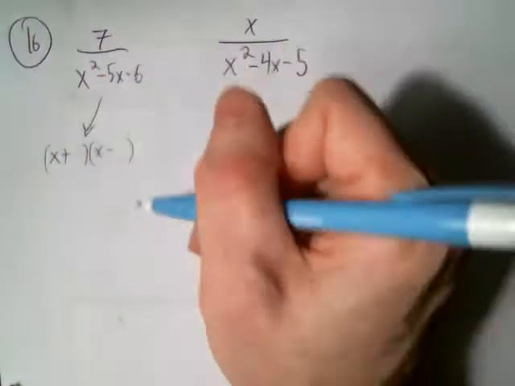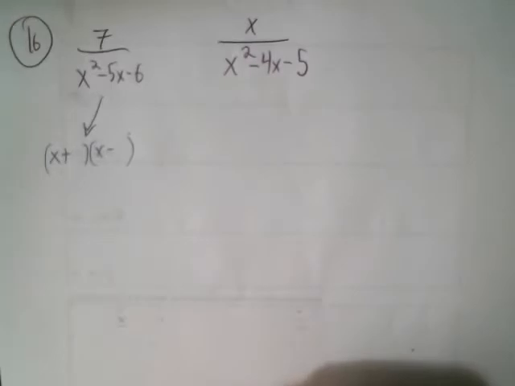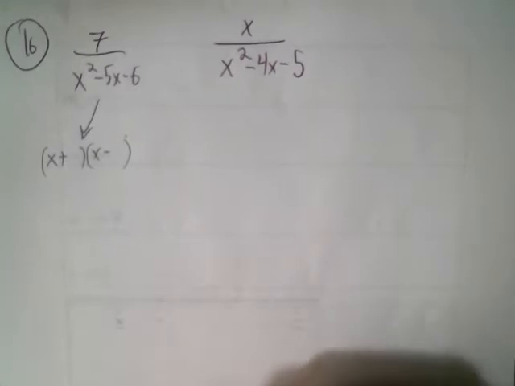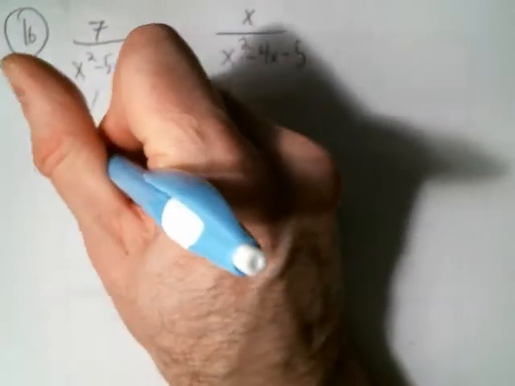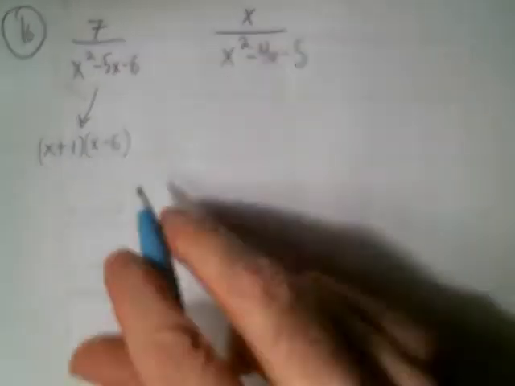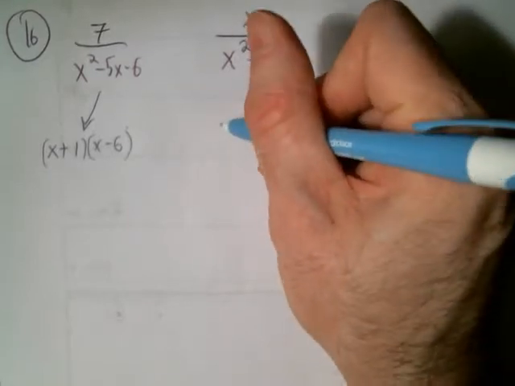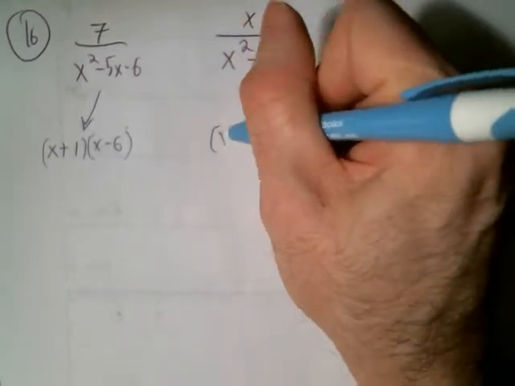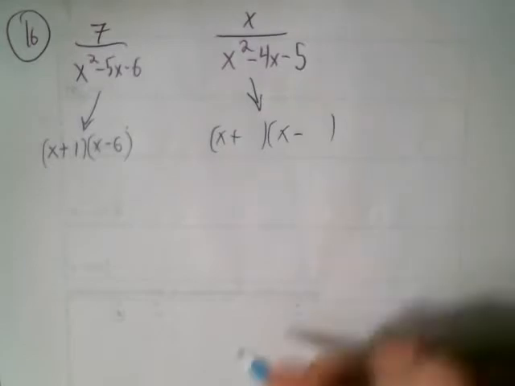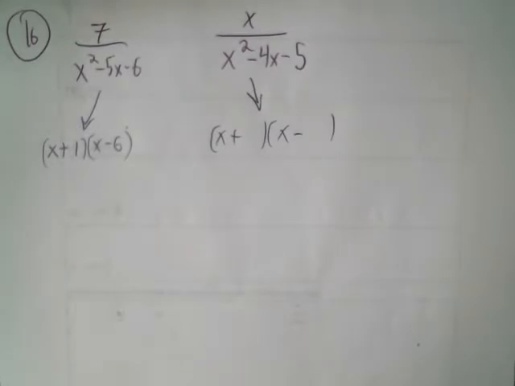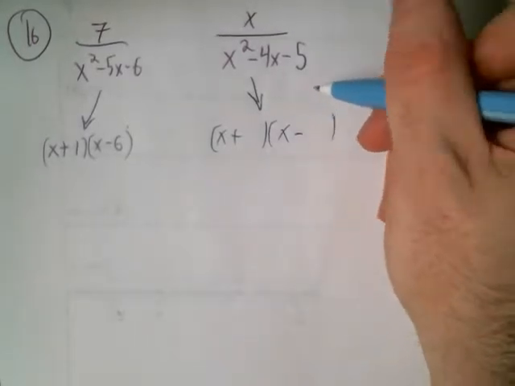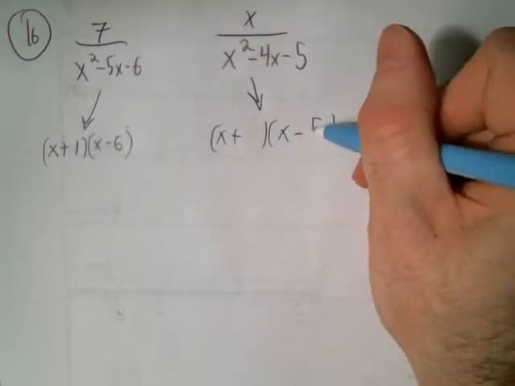The signs have to be plus and minus, and I think it's 6 and 1, so we want the bigger number, 6, to be negative and the smaller number to be positive. Let's go for the other one: x and x, plus and minus, and we're probably going with 5 and 1 again, so we want the big number to be negative.